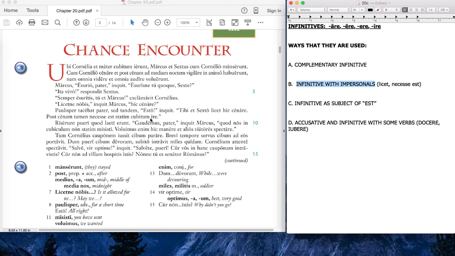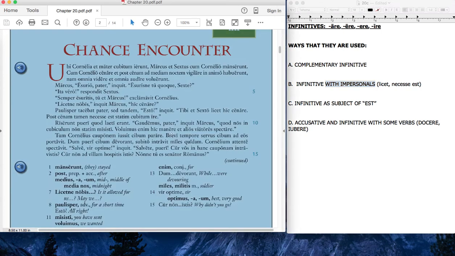So ire here is also an infinitive, an irregular verb, eo, ire, to go. So here, necesse est ire. It is necessary to go to bed. So once again, hooking up with an impersonal verb. So we had licet and we have necesse est. I hope that that gets you started.